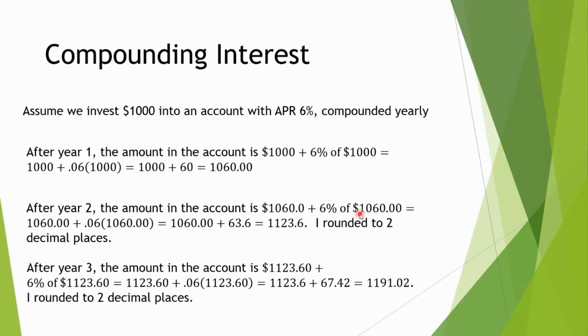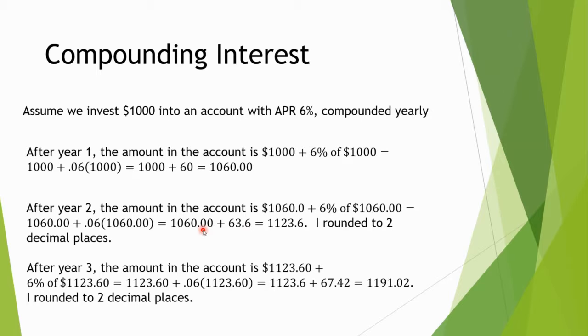So we have 1,060, the balance, but now we're going to add on 6% of this amount. So we're recalculating interest and adding it on. We have 0.06 times 1,060, and so we end up with this amount.